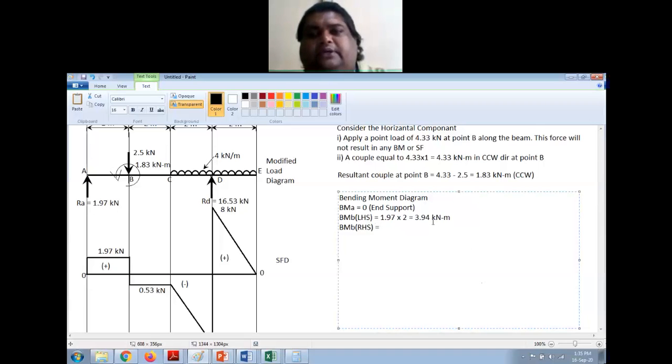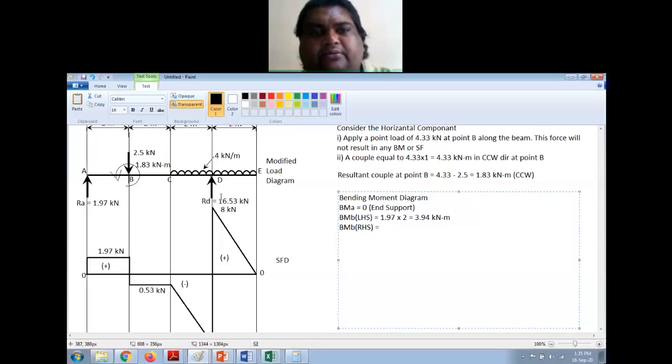Alright. Then I have BM at B considering the right hand side. Another thing is the difference of BM at this particular point B, LHS and RHS, should be equal to the couple 1.83, right? If you're not getting that, then you have made some mistake. So I'm considering the right hand side now.